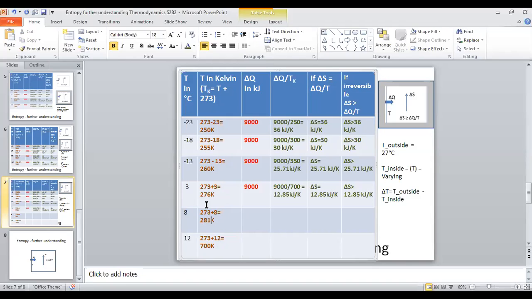Those are very close figures because 3, 8, 12. 273 plus 12, 285. So those are very close figures.